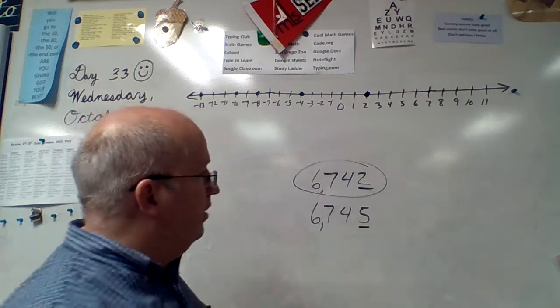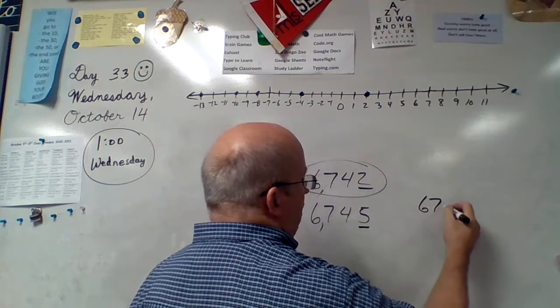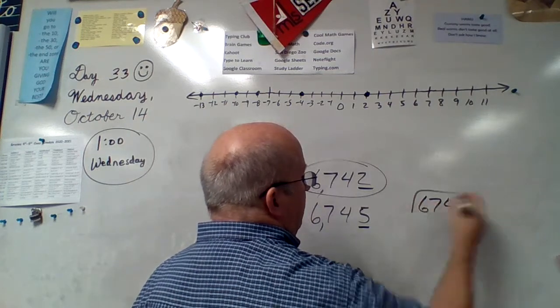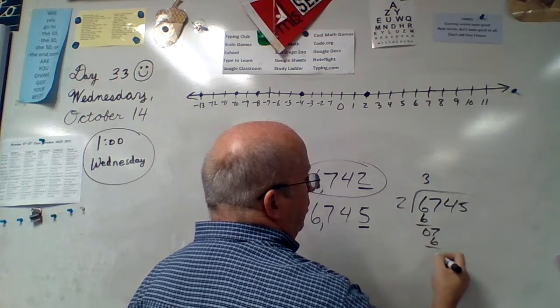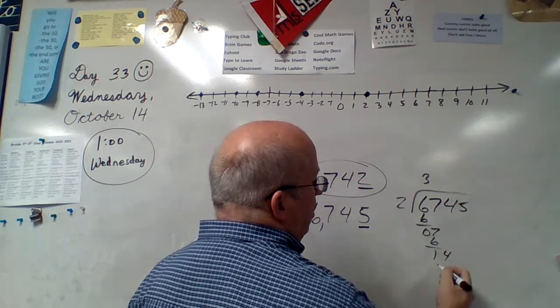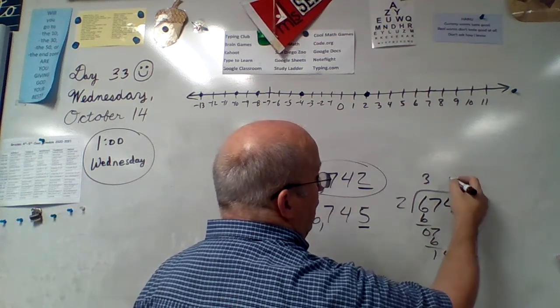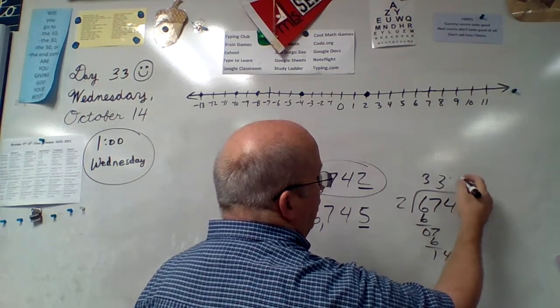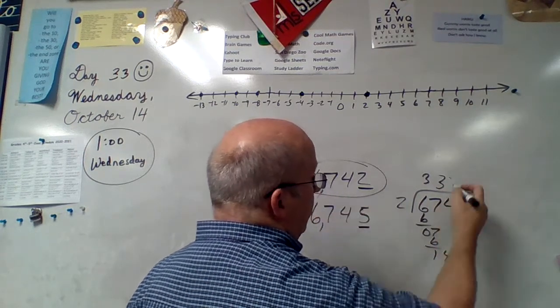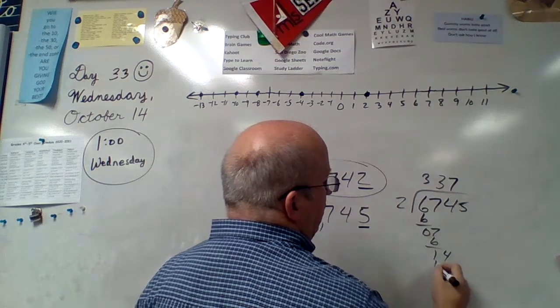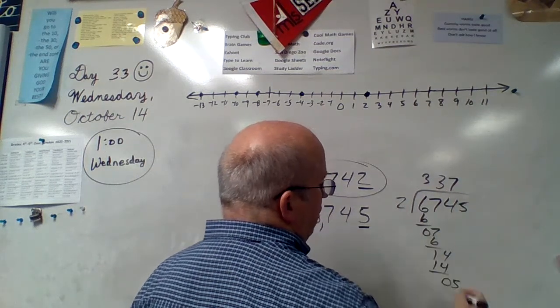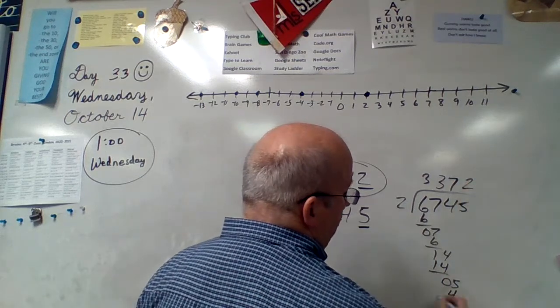If we tried dividing this by 2, we could make it work, but it wouldn't be divisible by 2 to the point that we get a whole number, a zero remainder in the end. We'd have to have some sort of either remainder or a decimal answer. Let's keep this going until we get to that point. Here we go.